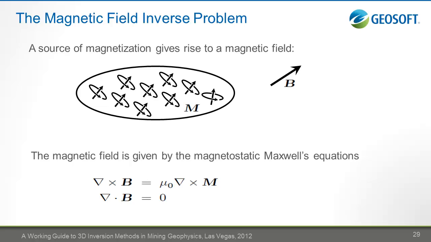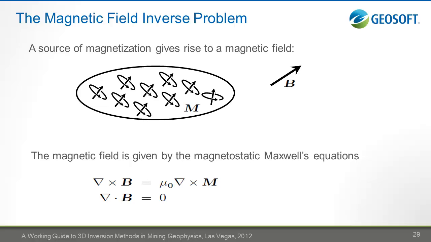Maybe this is in an ore body containing some percentage magnetite or pyrrhotite. In any case, whatever the physical representation is here, we're showing that as a series of magnetic dipoles which can sometimes be aligned with the Earth's inducing field direction, but can also be oriented in other directions depending on the history of the rock.